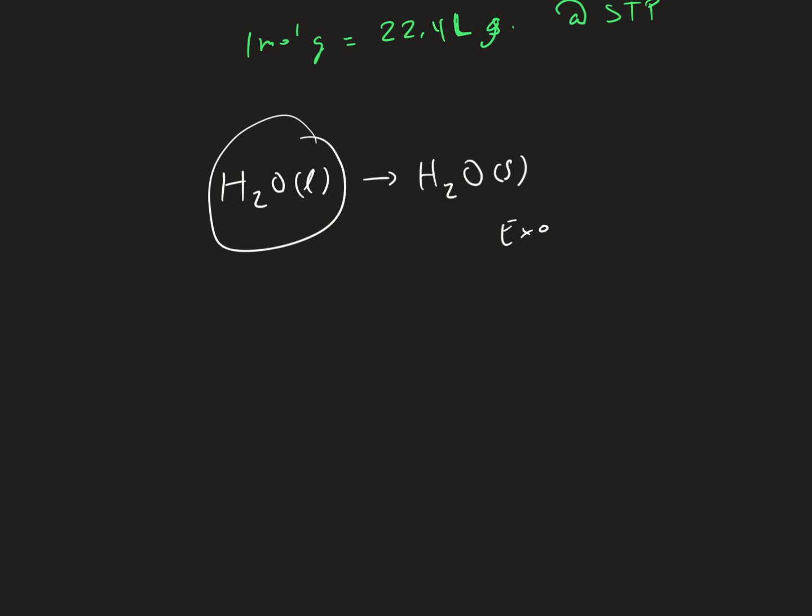If it's leaving the system, we call that exothermic. But if we go from H2O solid to H2O as a liquid, how do you have a piece of ice sitting on your countertop, how do you get it to melt? Well, you just leave it there because it's warmer out here. The heat comes from the surroundings to the ice. That's endothermic.